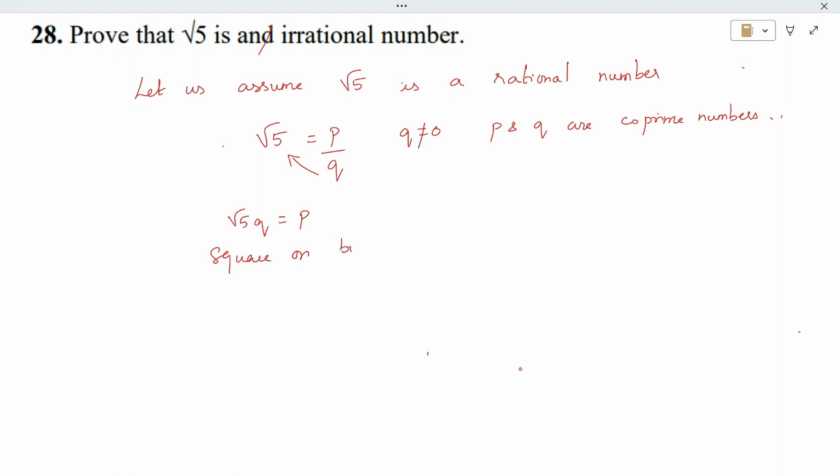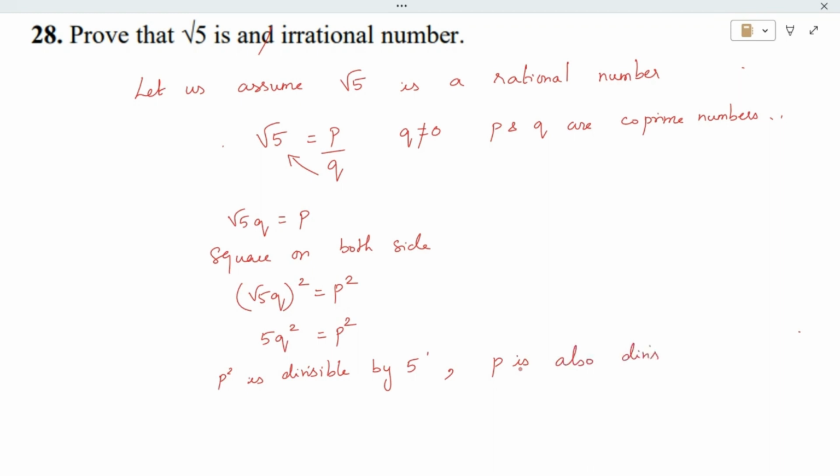So root 5 q the whole square is equal to p square, that is 5q square is equal to p square. So I know p square is divisible by 5, or I can say 5 divides p square, right? So we have a theorem: if p square is divisible by 5, then p is also divisible by 5, right?